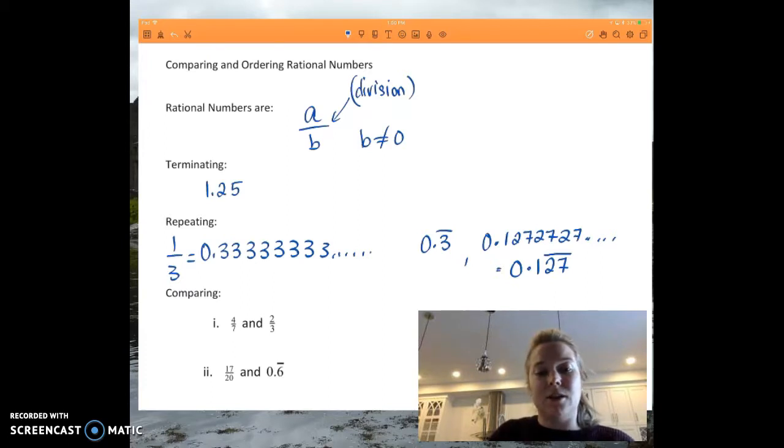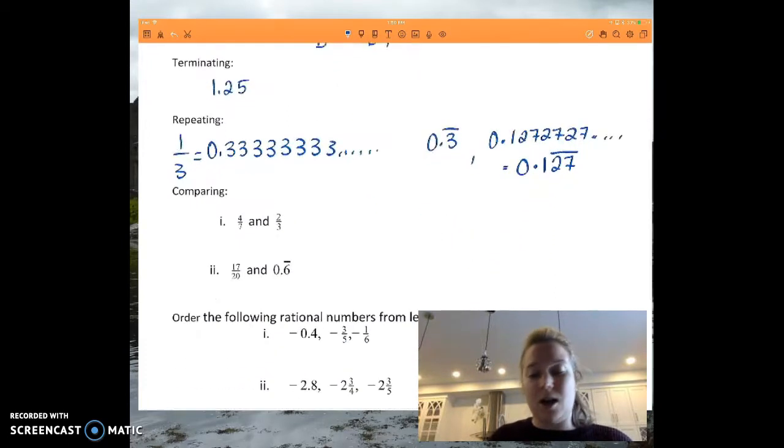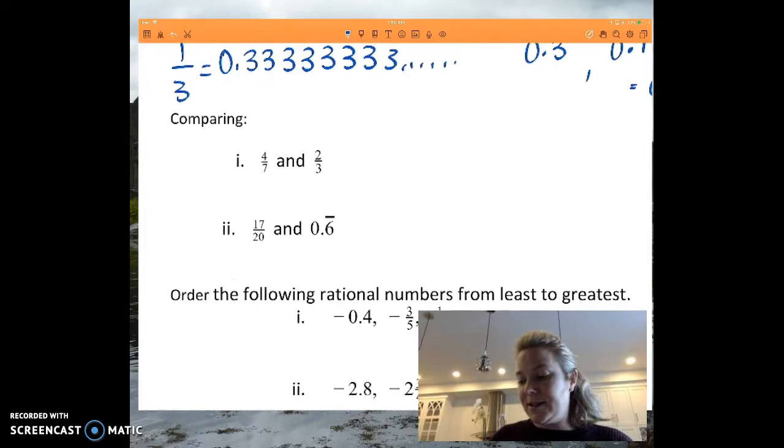So let's take a look, continuing on, at comparing rational numbers. How do I know which one is the largest or the smallest, depending on what you've been asked? Well, look at the first one, 4 over 7 and 2 over 3. Which one do you think is the largest? There's a couple different ways that you can approach this.